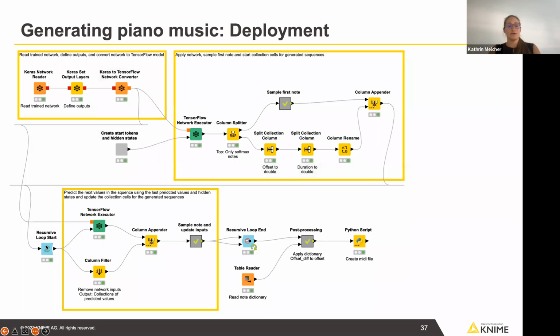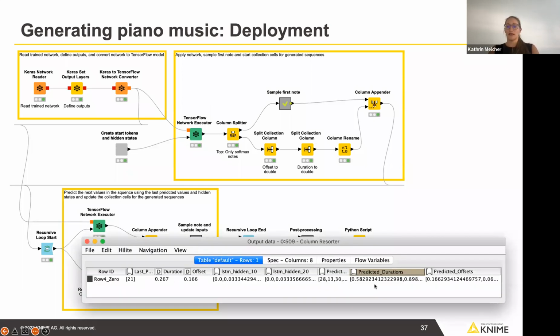And then I start here a recursive loop. Remember, a recursive loop works in this way that the input of the recursive loop end node will always be fed back into the recursive loop start node. So if I have here my state vectors after an iteration, I can feed them back in here as well as the last predicted values. And this means what we do here is similar to above, that we use the last predicted values, we apply our trained network together with the hidden states, and then we sample the next node.